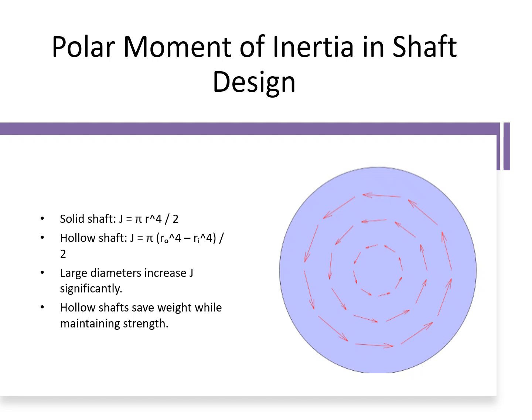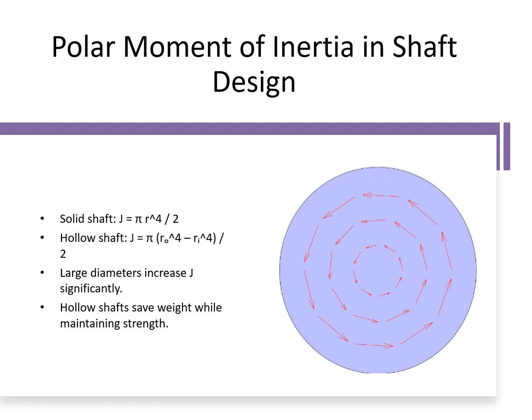The geometry of the cross-section of the material determines the moment of inertia in the shaft. Since we're working with a solid circular rotor, we use the solid shaft equation for J, given on the top line of the slide, where J equals pi times r to the fourth power divided by 2.